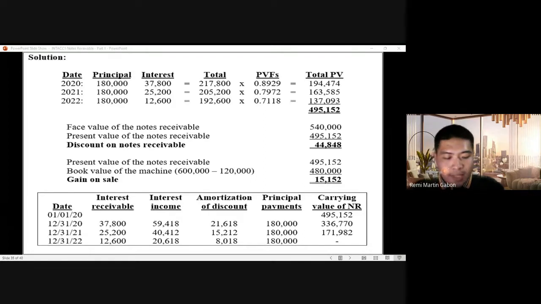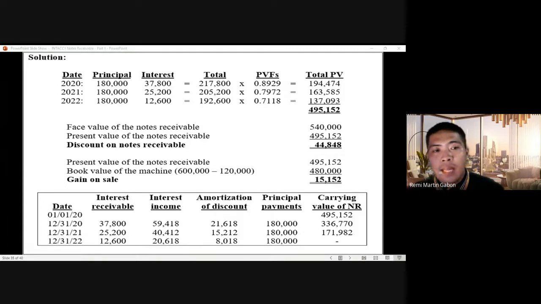So 171,982 minus ka ng principal payment na 180. Supposed to be yung ating amortization is 8,018. So I hope nakuha sa 8,018.